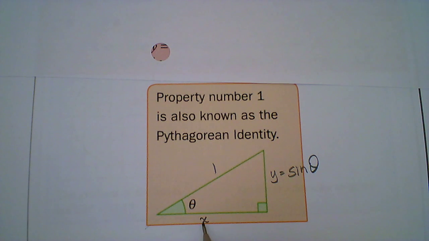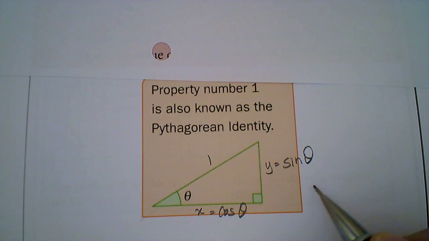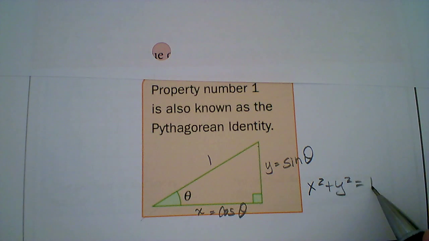We know that this is the change in our x values, and it's the cosine of theta. So using the Pythagorean theorem, we know that a squared plus b squared equals c squared. So in this case, that's x squared plus y squared equals 1 squared.